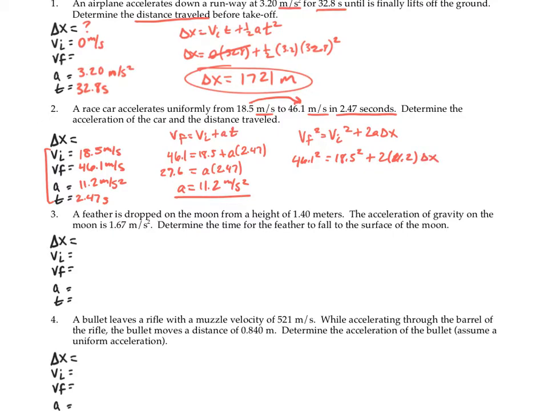I'm looking for displacement. So 46.1 squared, 2,125.21, 18.5 squared, 342.25. 2 times 11.2 is 22.4.